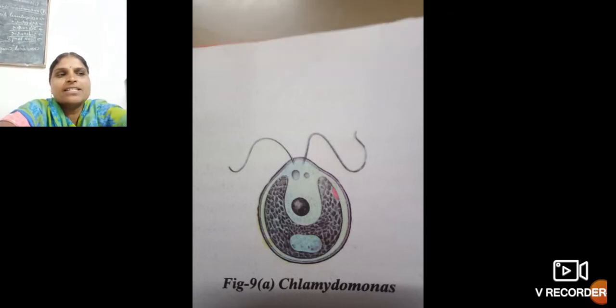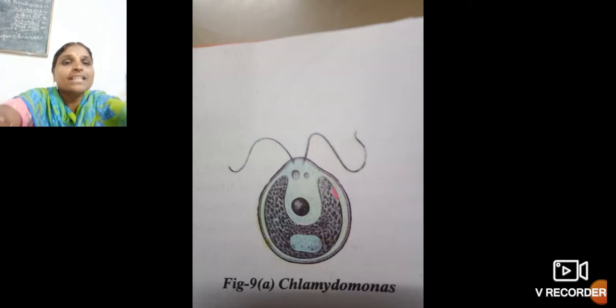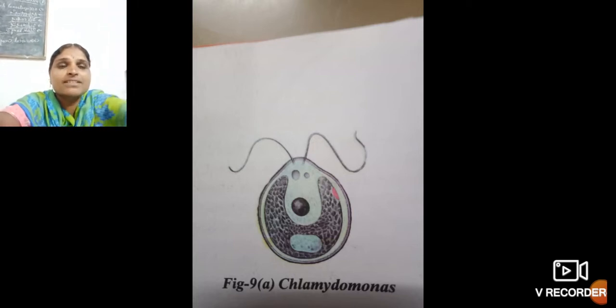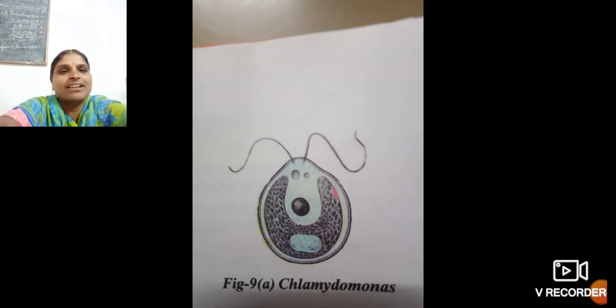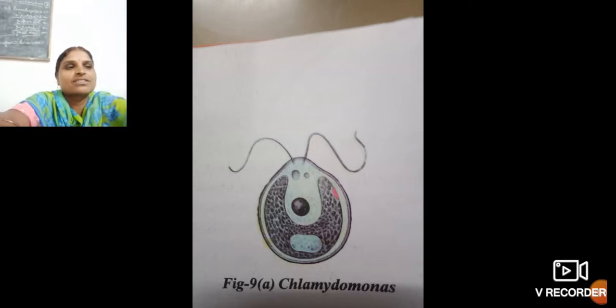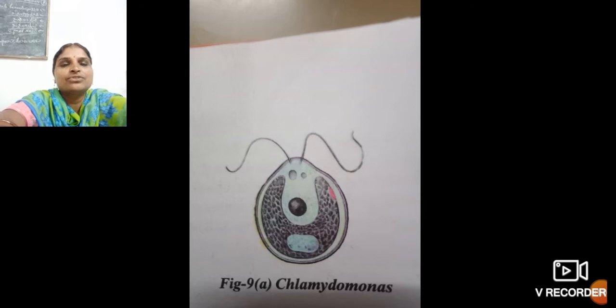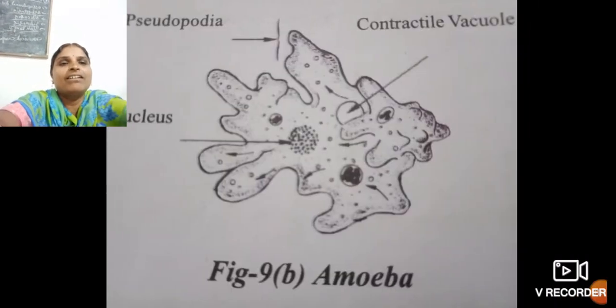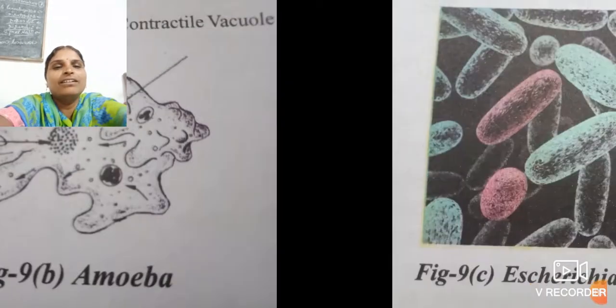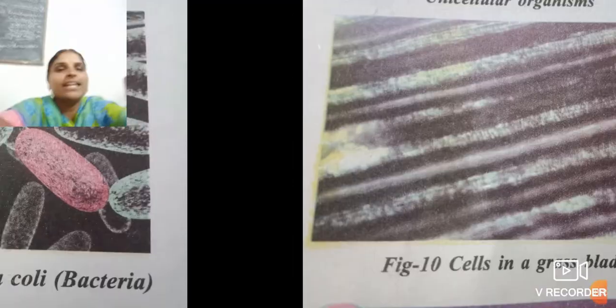All these are single cell animals. Here, single means only one cell is present in these animals. That one cell alone executes all functions such as respiration, food, excretion, circulation, and reproduction. These animals are called unicellular animals.